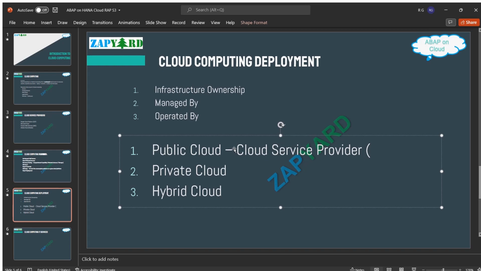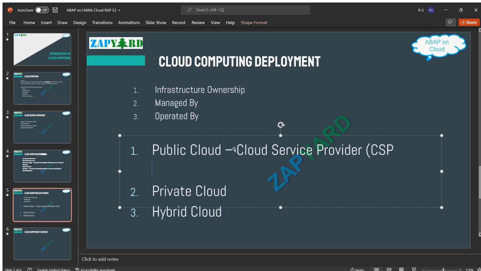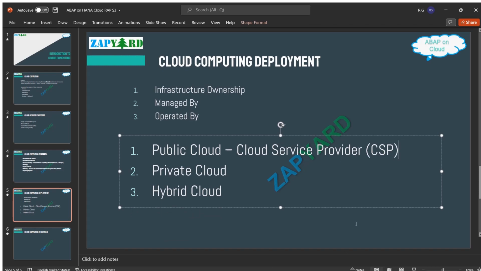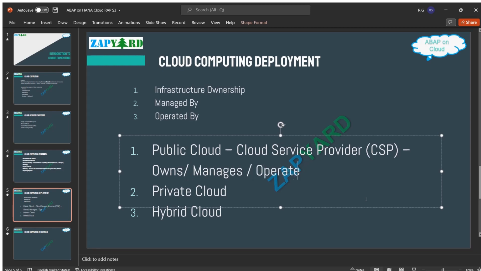For our reference and ease of understanding, let us use the acronym CSP, which stands for Cloud Service Providers. So the cloud service provider owns, then manages, and finally operates.